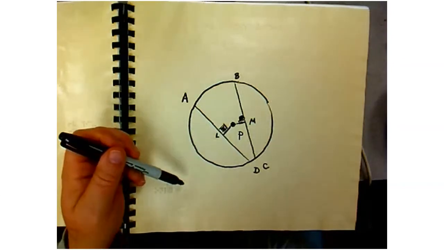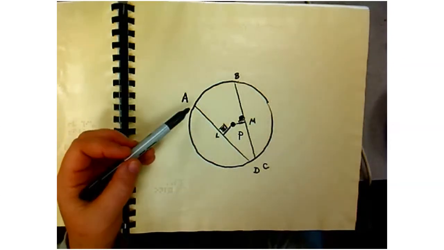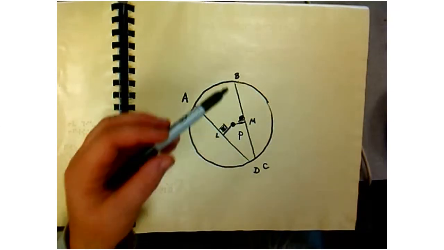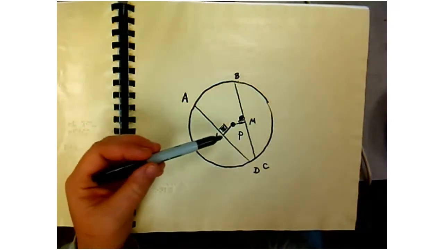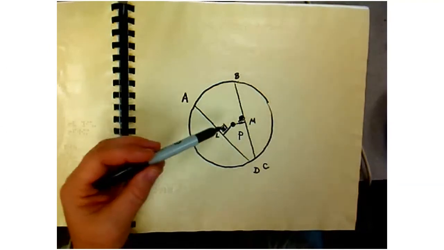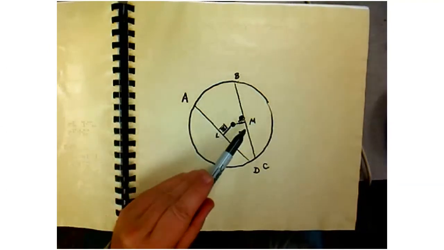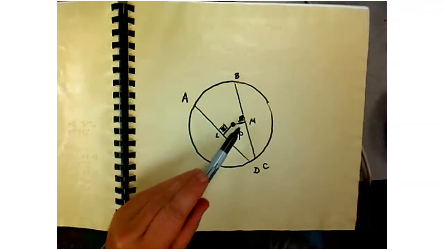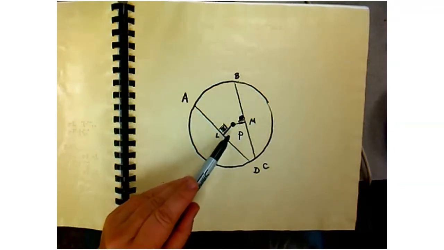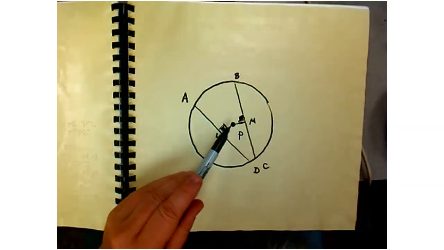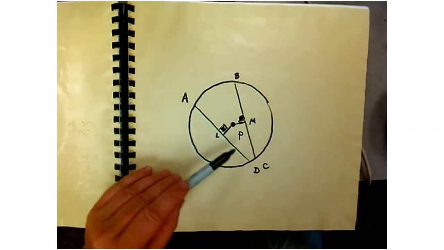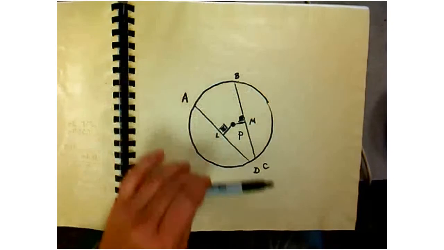And in symbols down below, it says AD is congruent to BC if and only if LP is congruent to PM. So if those two little guys in the center are congruent, if they're X value and X value, or 10 and 10, or 2.8 and 2.8, then we know the chords are congruent.